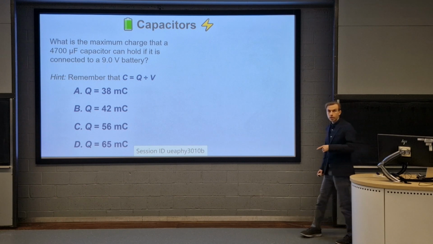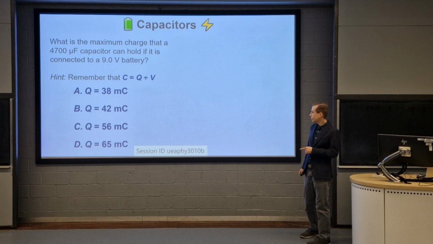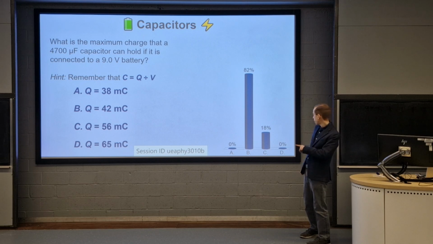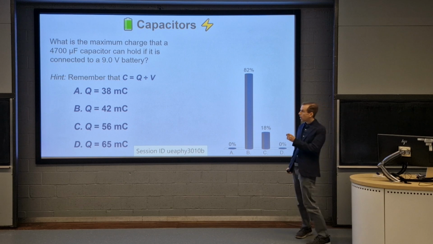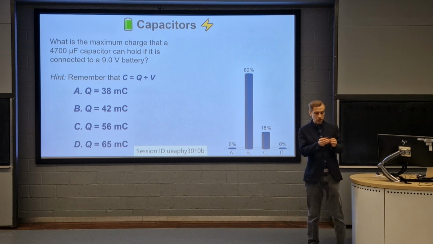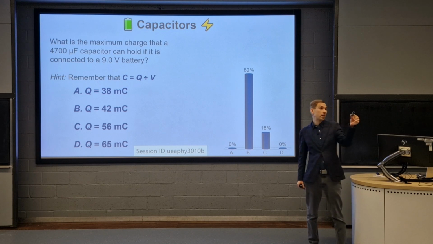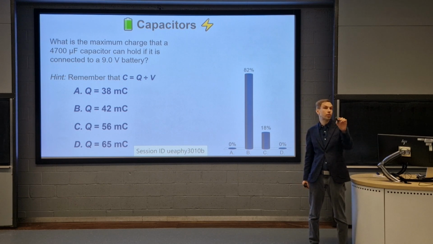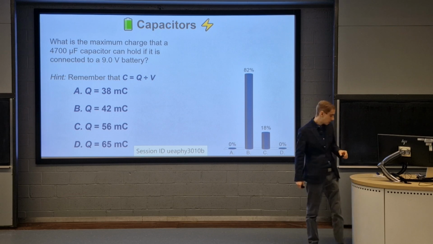All right, very good. Good to see those responses coming in. Let's see what everybody thinks for this one. Okay, nobody going for A. Some people going for C. Most people going for B. So that 4,700 microfarads is the capacitance of this particular capacitor over here. That's quite a typical capacitance that you might see if you're dealing with capacitors out in the wild.